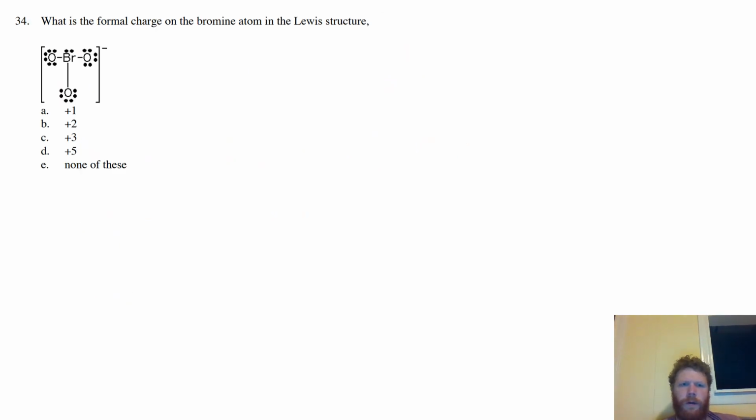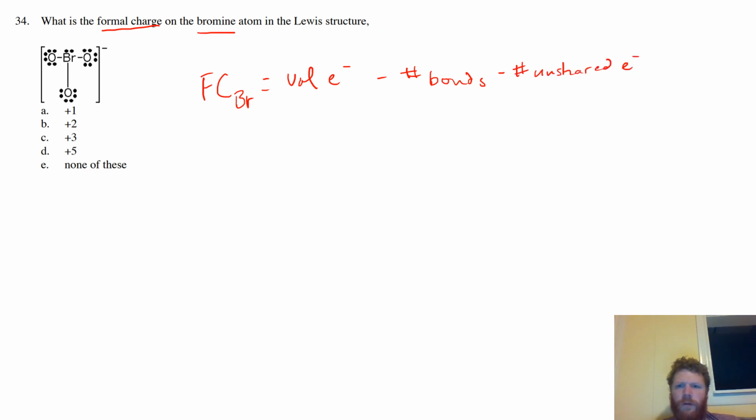This here is another formal charge calculation practice problem. You're asked to find the formal charge of bromine, so FC sub Br is equal to the valence electrons that bromine has minus the number of bonds minus the number of unshared electrons.